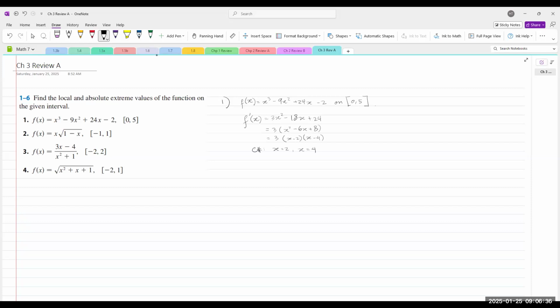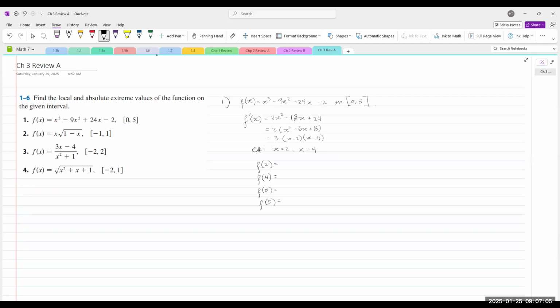Now notice that this is in a closed interval, right? So you can do the second derivative test on this polynomial to see if it is a local max or local minimum. But because it's on a closed interval, it's not necessary. What we need to do is just find the value at f(2), find the value at 4, and don't forget we need to also check the endpoints.